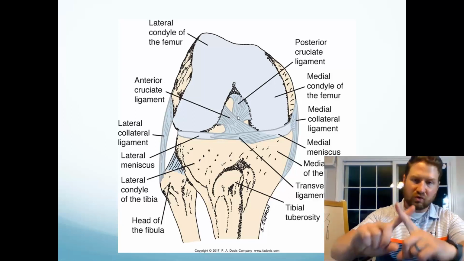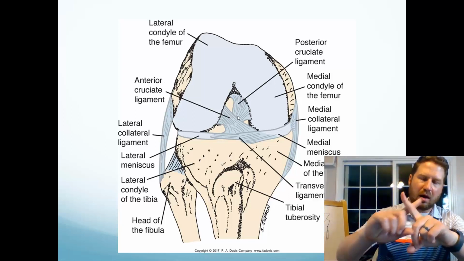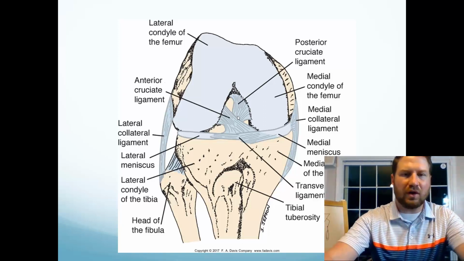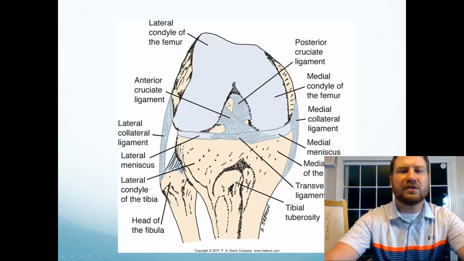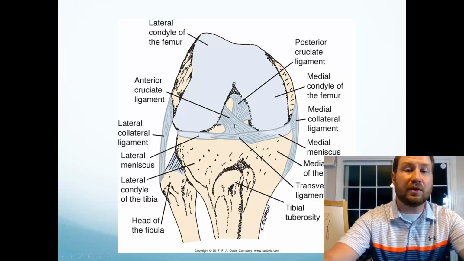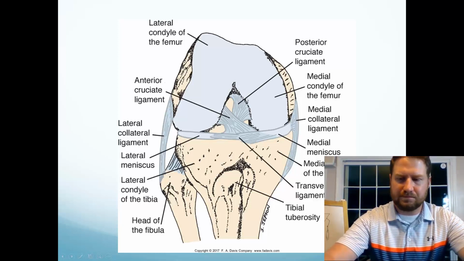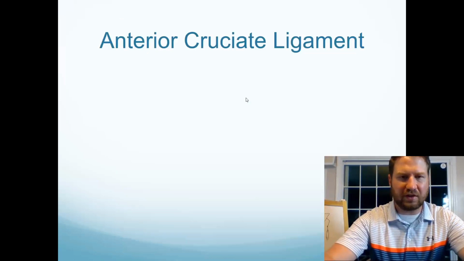They then cross and go up and forward. So your ACL goes from your anterior tibial plateau to your posterior femur, and your posterior cruciate ligament goes from your posterior tibial plateau to your anterior femur. And those are important in just a second.